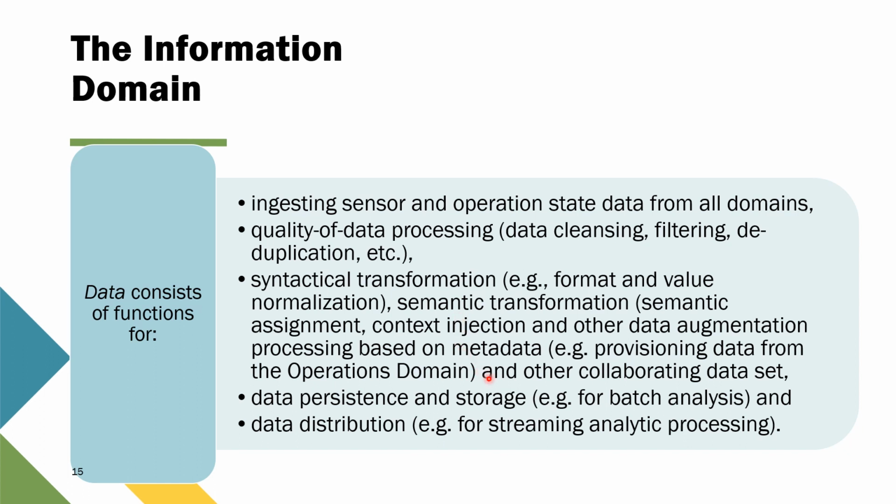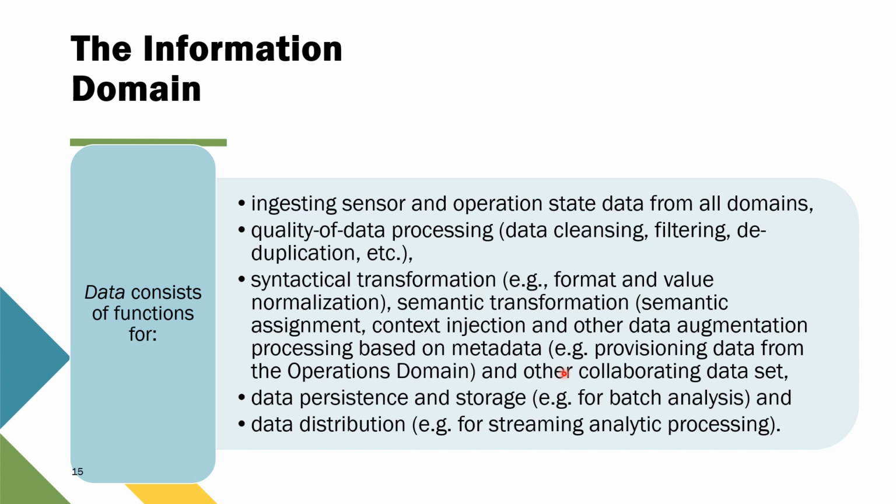The next one is also the collaborating of data sets, because the data might come from different types of sensors. So the data will be collected and transformed into a readable format, to get the graph or anything.